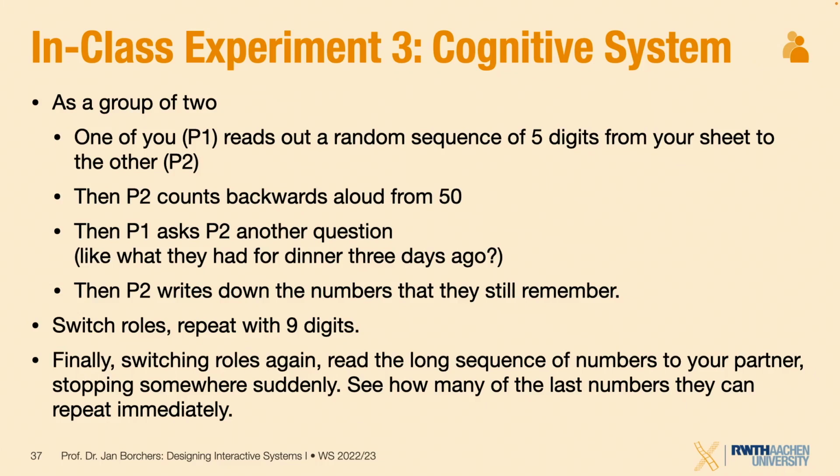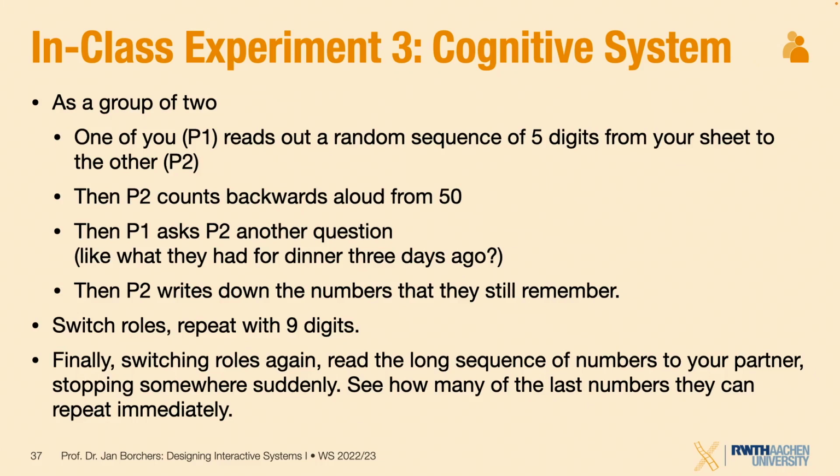Then the reader will ask the listener another question, like, what did you have for dinner 3 days ago? Something that also requires cognitive effort. And then the reader asks the listener to write down the numbers that they still remember of those 5 digits. Okay?